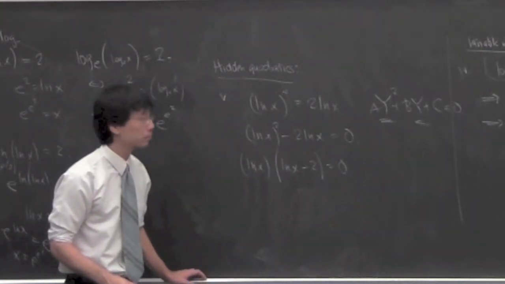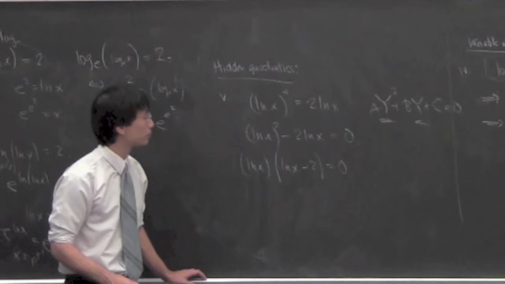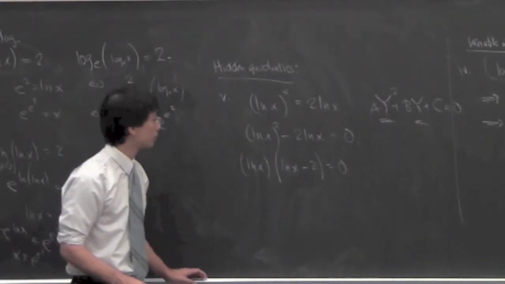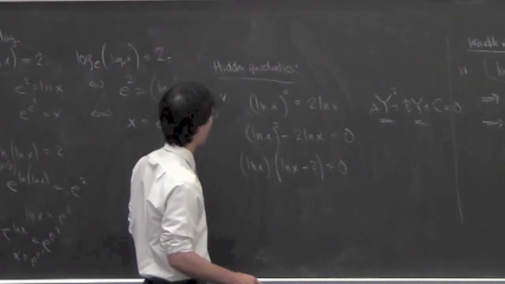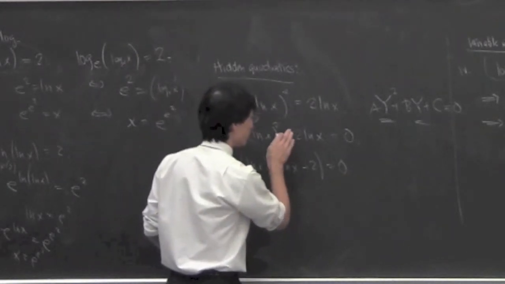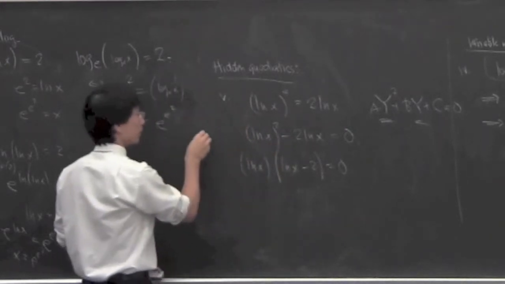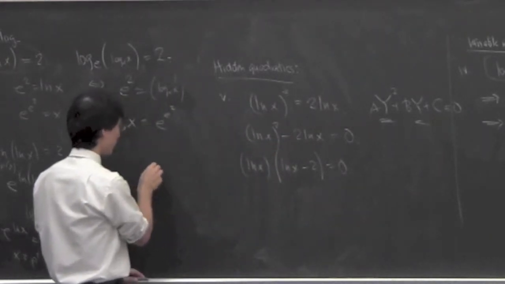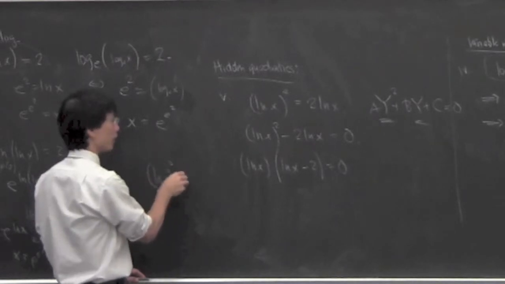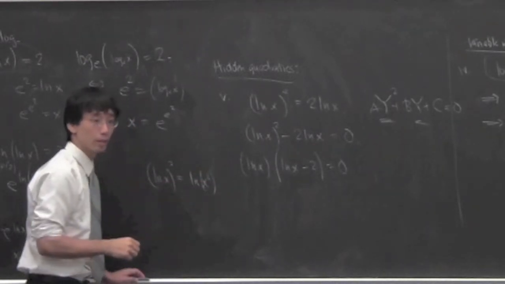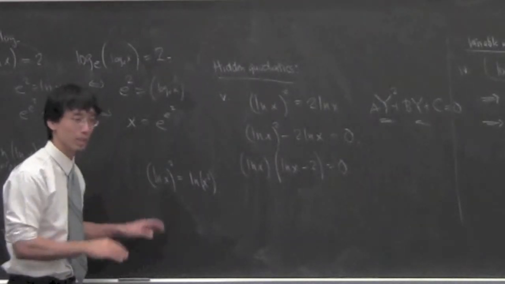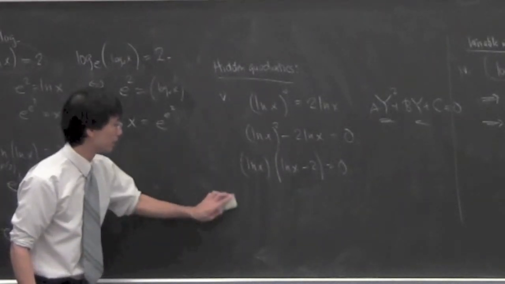Wouldn't ln x squared minus 2 ln x be written as ln x squared minus ln x squared equals 0? Yes, but that's a little bit of trouble. So you're saying that you could write it like this: ln x quantity squared equals natural log x squared. Oh, got it, because it's not the same thing. Got it. Okay.